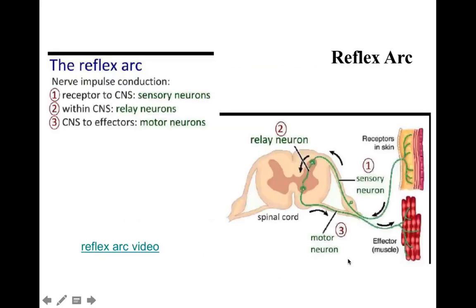The reflex arc is kind of what we described earlier. Let's use the example of a hot plate. Your finger touches something hot. The skin receptors perceive that, and that signal travels up a sensory neuron to a relay neuron in the spinal cord, which then connects that to the motor neuron.